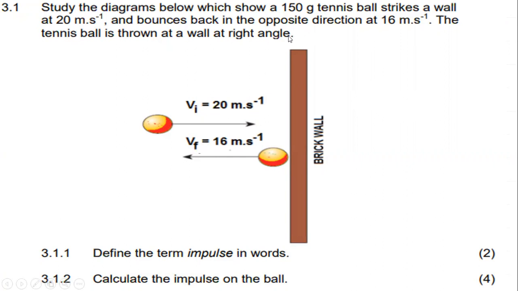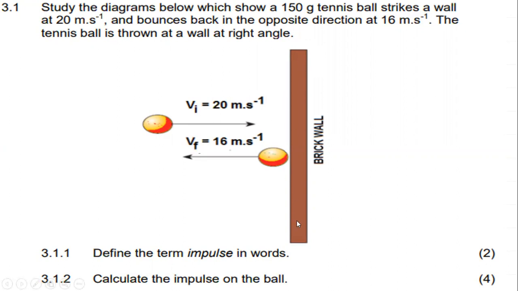So there we have 150 grams of that tennis ball, and it strikes a wall at 20 meters per second and bounces back in the opposite direction at 16 meters per second. The tennis ball is thrown at a wall at right angle. So basically, this is what we see.